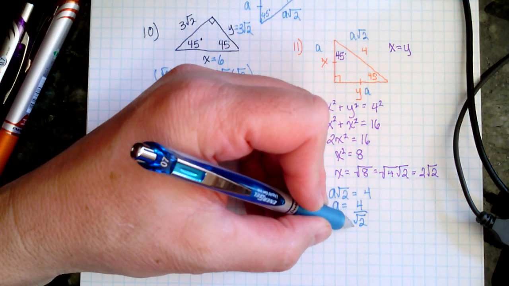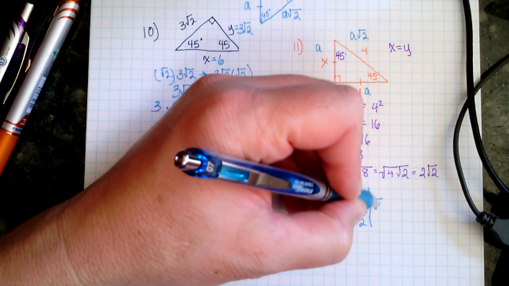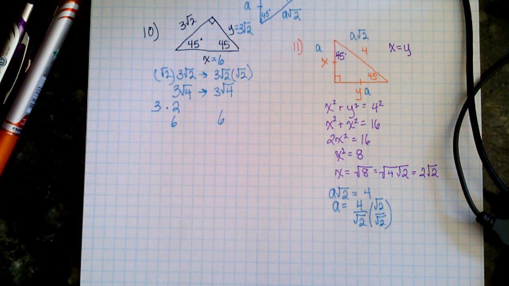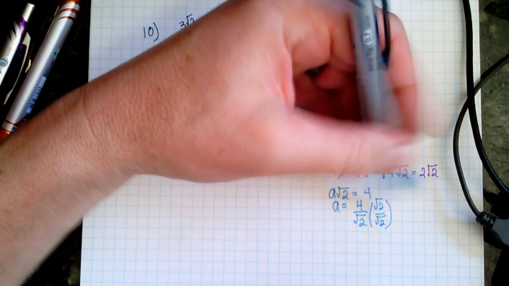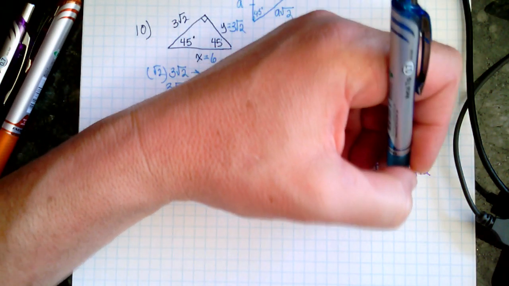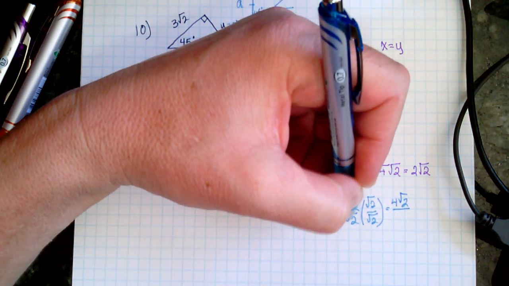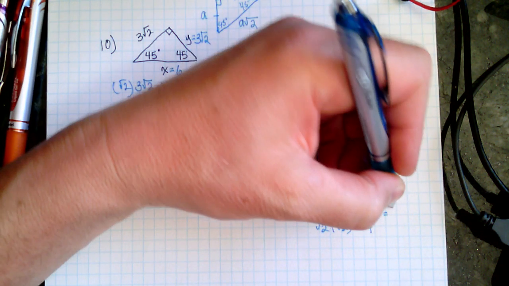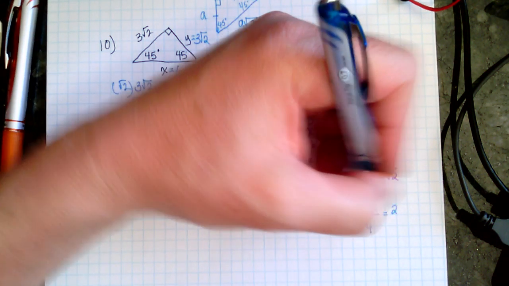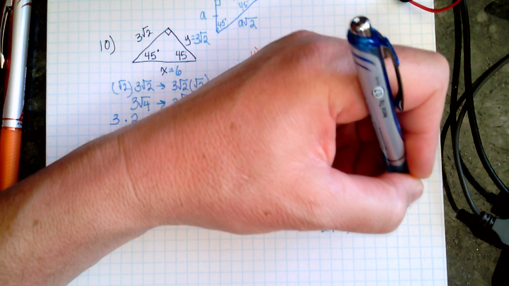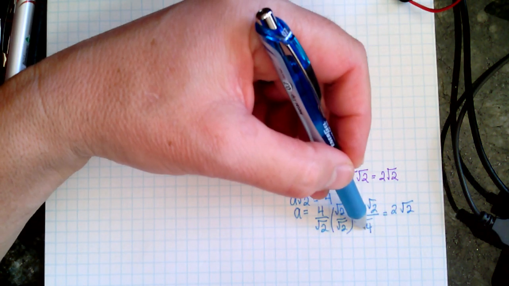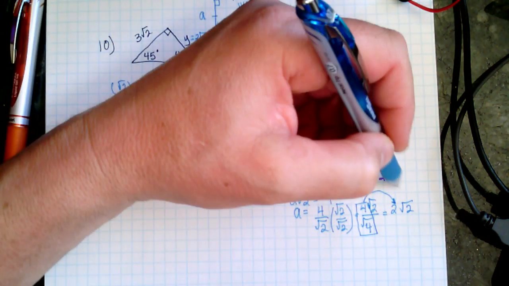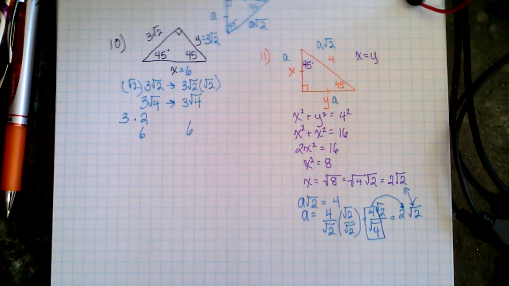Can't have a radical in the denominator, so you have to rationalize by multiplying by whatever's in the denominator over itself. That changes this to 4 root 2 over root 4, which is essentially 2. 4 divided by 2 is 2, so we have 2 root 2. In other words, they're the same. So either method works for those problems.